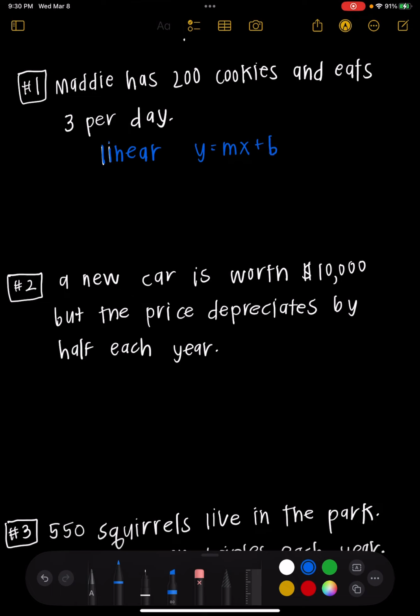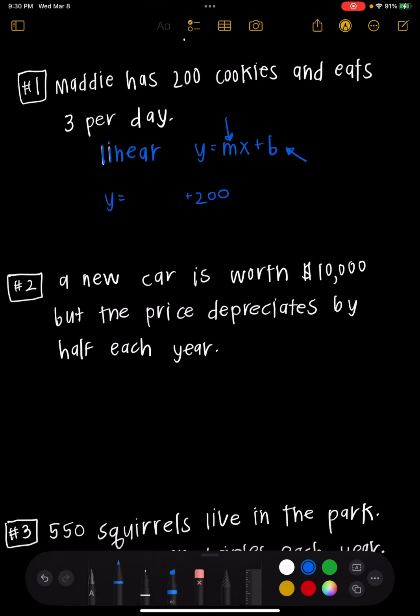My m is the slope, or what's changing every time, and your b is your y-intercept, but the way you want to think about it in this case is like your starting amount. So I know automatically that my b has to be 200 because Maddie started with 200 cookies. And then our slope, or the thing that's changing, is how many does she eat per day?